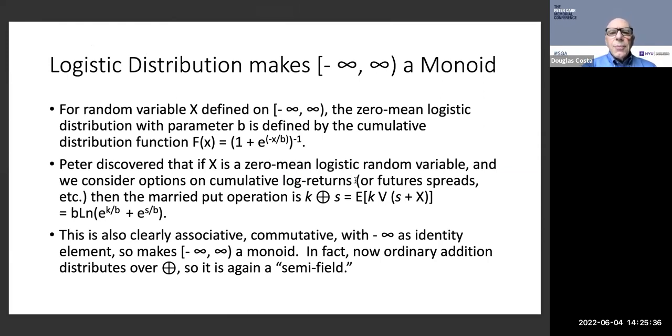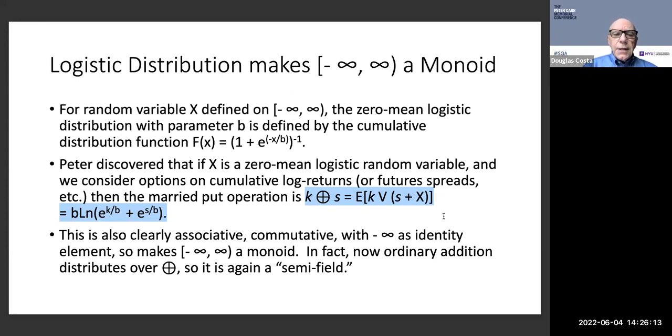So for a random variable defined on the entire real line, the zero mean logistic distribution with parameter b has the usual form, and Peter discovered, and we saw this pseudo sum yesterday as well, that the expectation value of the married put, in the sense of the value put on the value of some variable that could be positive or negative, has this form.